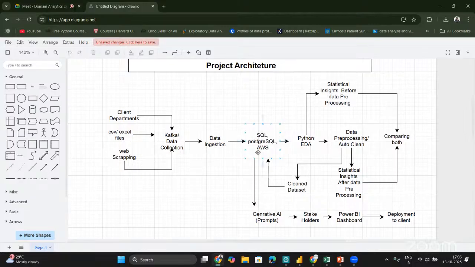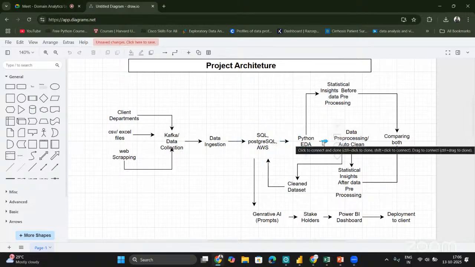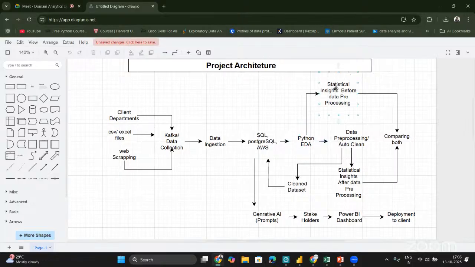After storing that data, we have to pull that data for data analysis, using Python, to get statistical and business insights. Statistical insight before data preprocessing.